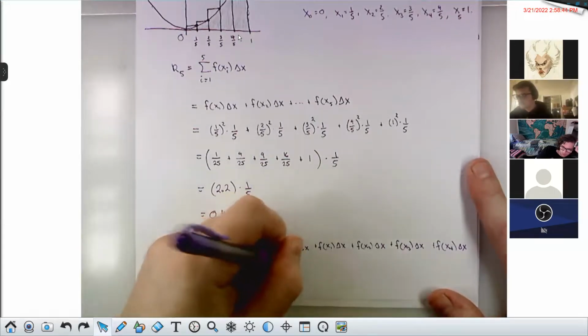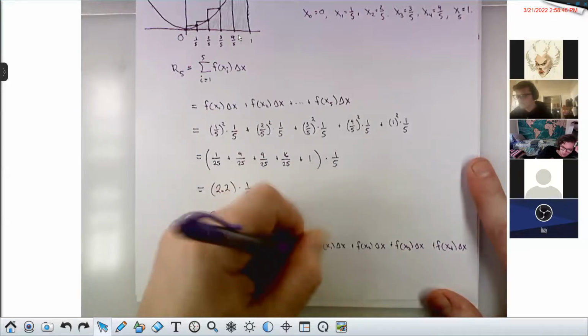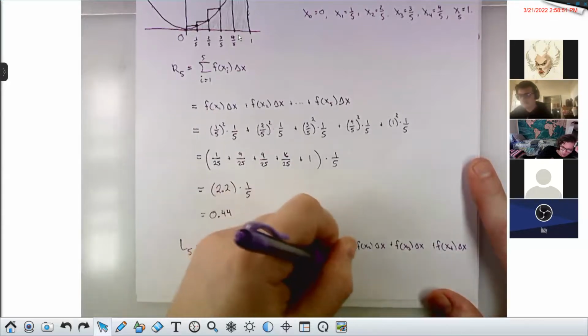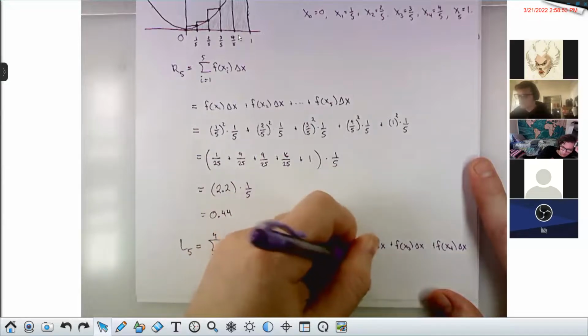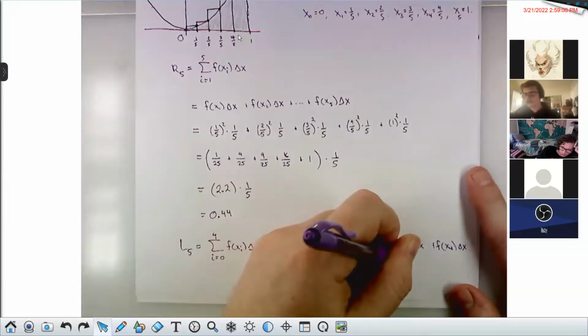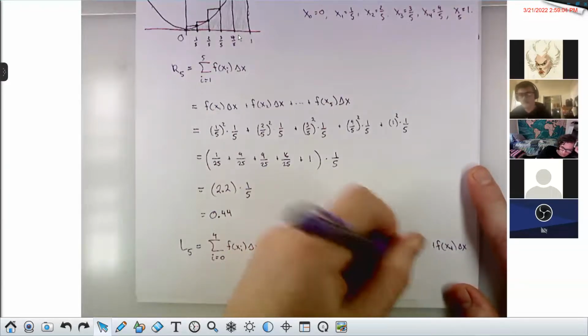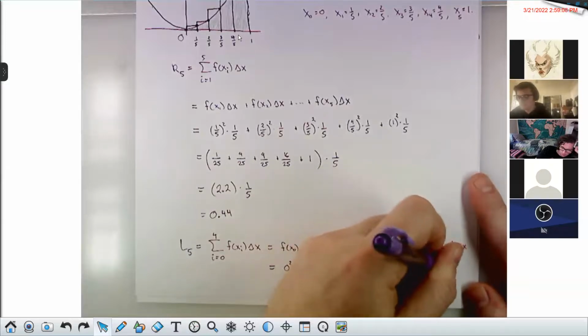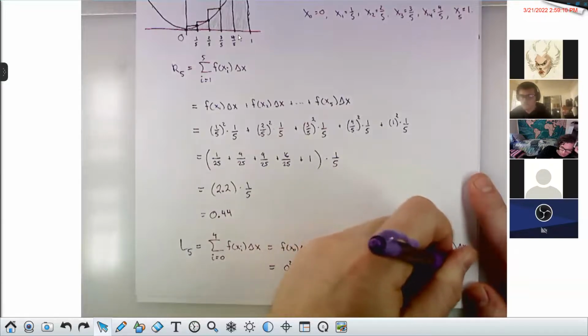So this is 0 squared times 1/5 plus 1/5 squared times 1/5 plus x2 is 2/5, so that's 2/5 squared times 1/5. x3 is 3/5, so that's 3/5 squared times 1/5, and 4/5 squared times 1/5.